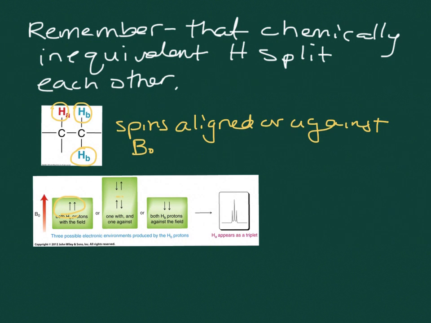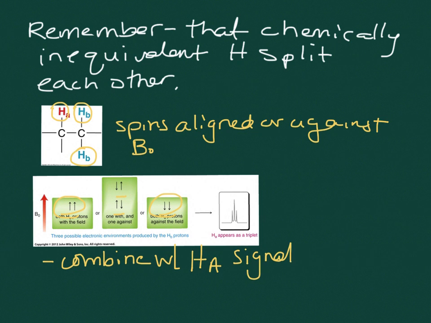We can have one aligned and one not aligned, and we can have both against. So that this way, when they combine with HA, the signal is split into 3. And we see this triplet here.